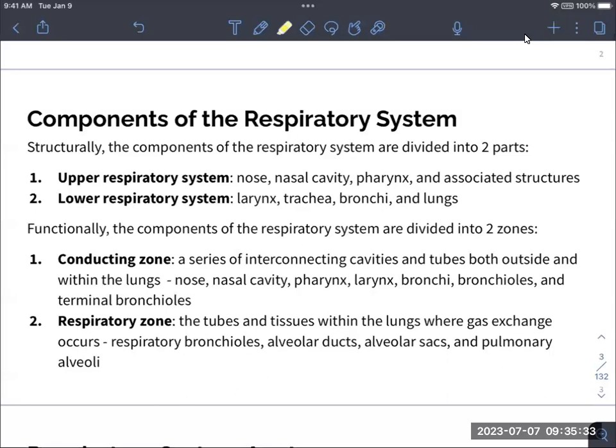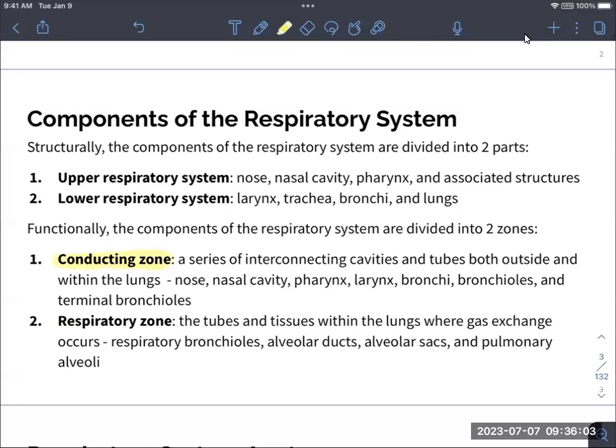So functionally within our lungs, there are two different components that this respiratory system is divided into. We have the conducting zone. This is where air is traveling into the body, in through the nose or the mouth, and down, starting into the lungs.